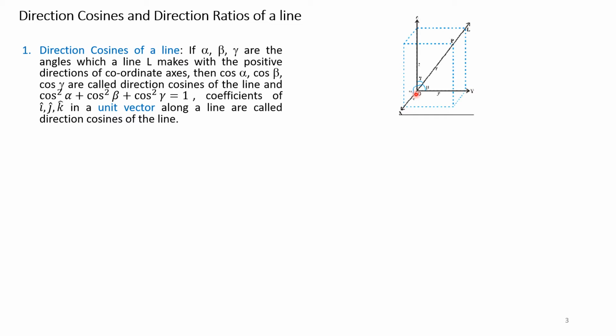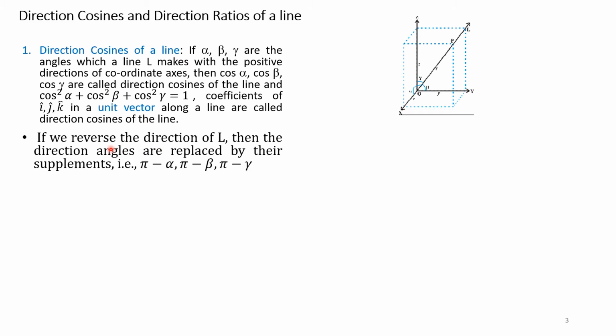Consider a point P such that OP is a position vector along the line L. Alpha is the angle between OP and the x-axis, beta is the angle between OP and the y-axis, and gamma is the angle between OP and the z-axis. OP is represented by a vector R.